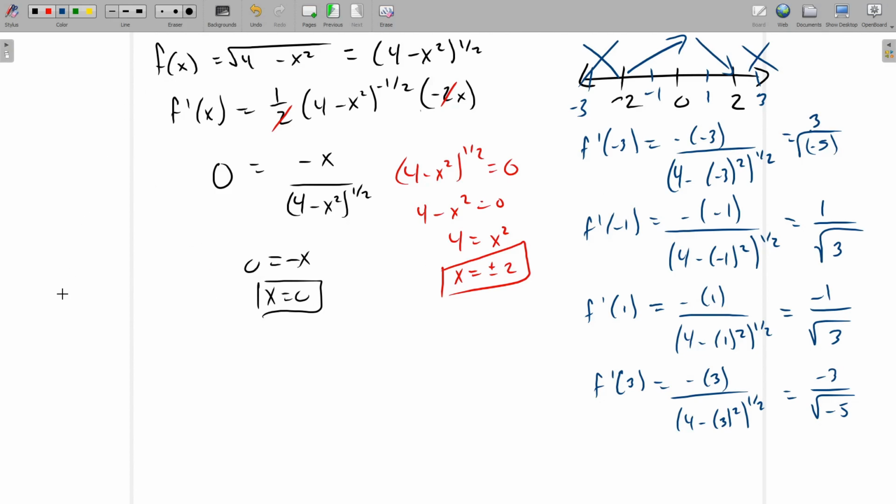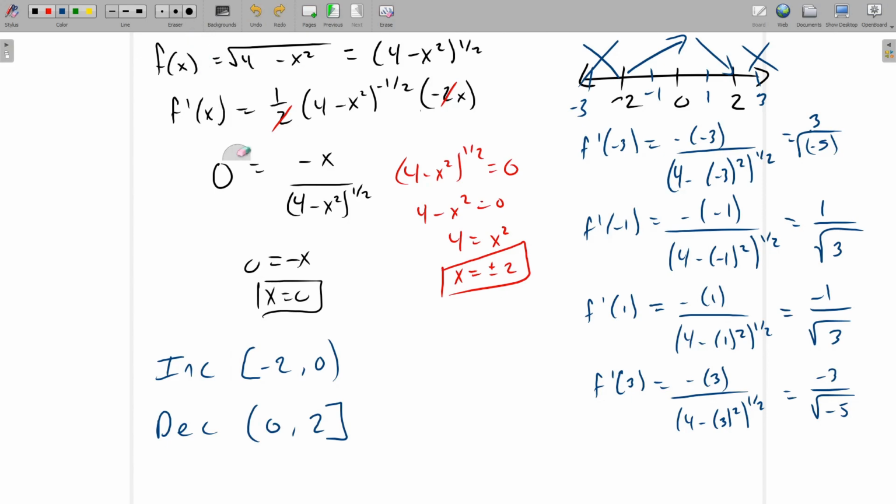So this function is only existing, and that makes sense if we analyze the domain of the function, it's only existing between -2 and +2. And in that time, it is increasing from -2, including -2, up to 0, not including 0, and decreasing from 0, not including 0, up to +2, including +2.